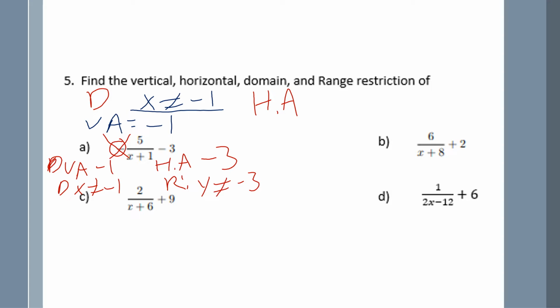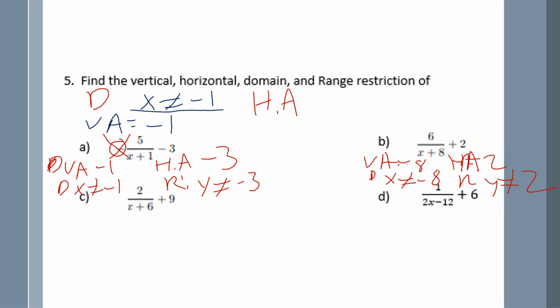All right, B. The vertical asymptote here is -8. The domain, x cannot equal -8. Range, well, the HA is 2, or y cannot equal 2.